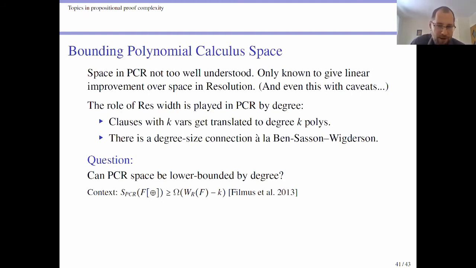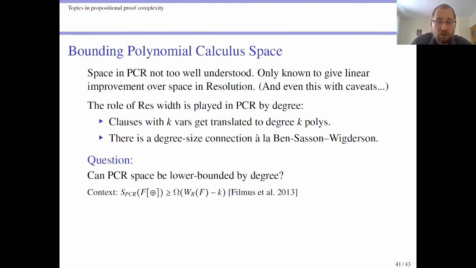So it turns out that if you take a formula where you replace every variable by an XOR of two fresh variables, and then rewrite that as a series of clauses, then the space needed to refute that in PCR is lower bounded by the width in resolution needed to refute the original formula.